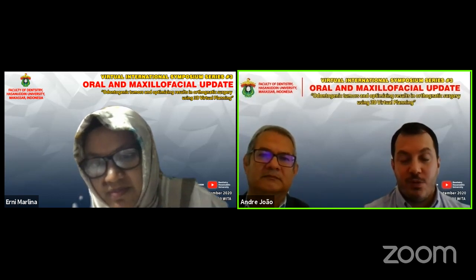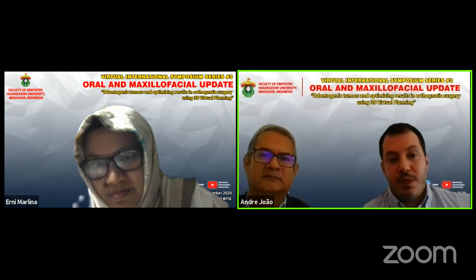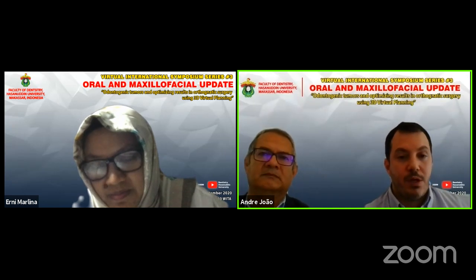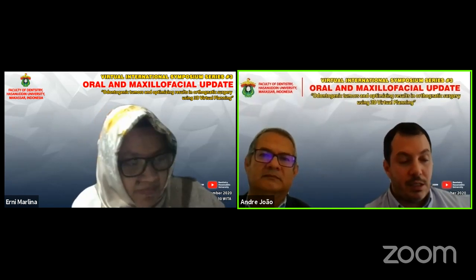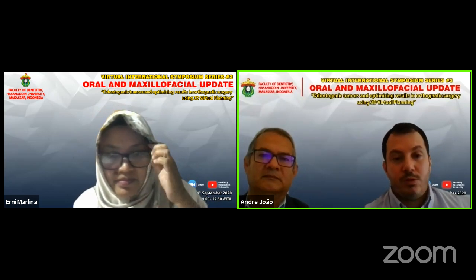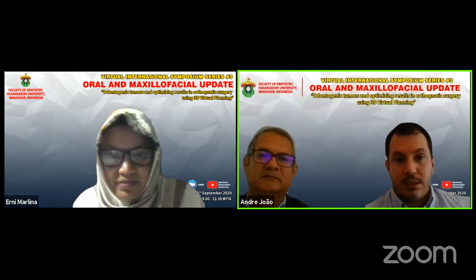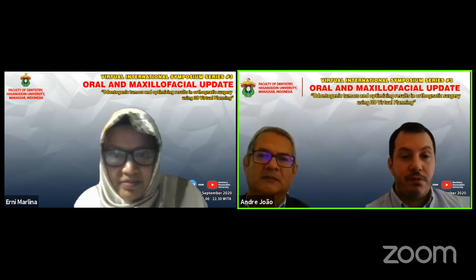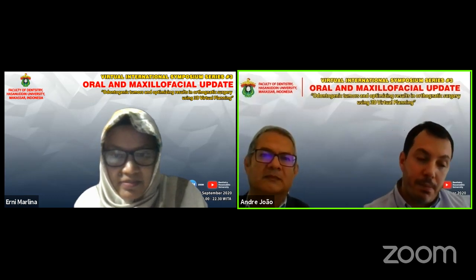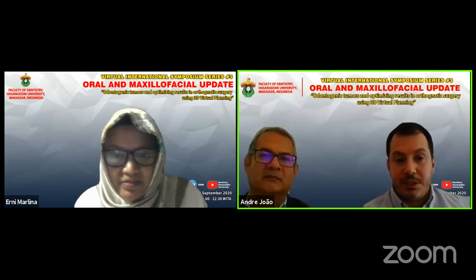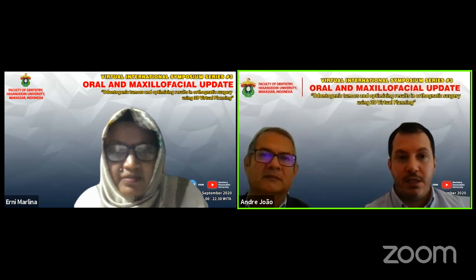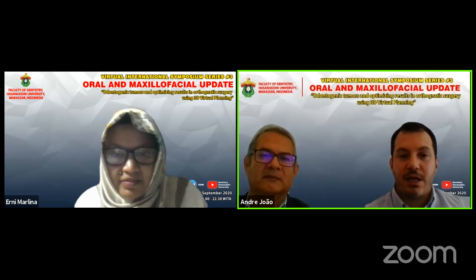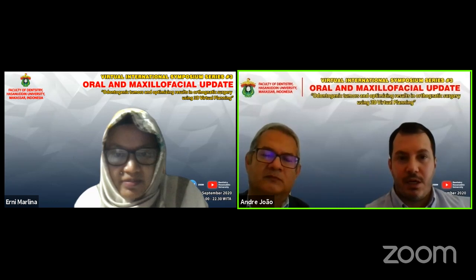The problem is that you create a huge morbidity: wherever you harvest the donor site, you put the bone there, and most of this bone is lost. And sometimes because of the infection, while you still have necrotic bone there, the infection persists. So you need to reoperate and aerate the area to clean this up. And at this time, you probably remove most of the bone that was grafted there.